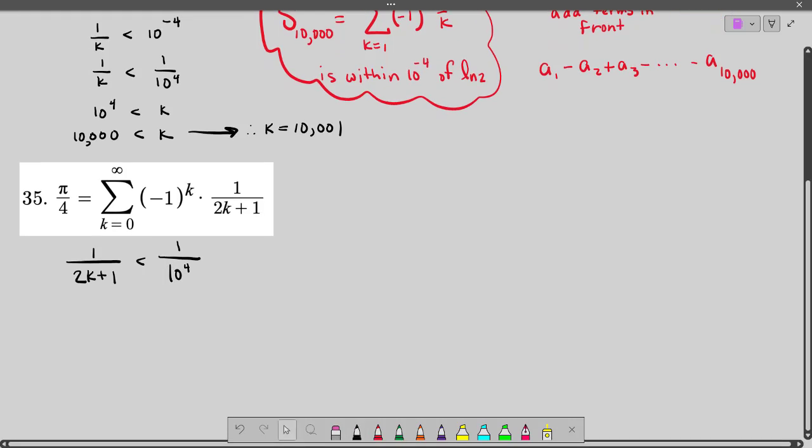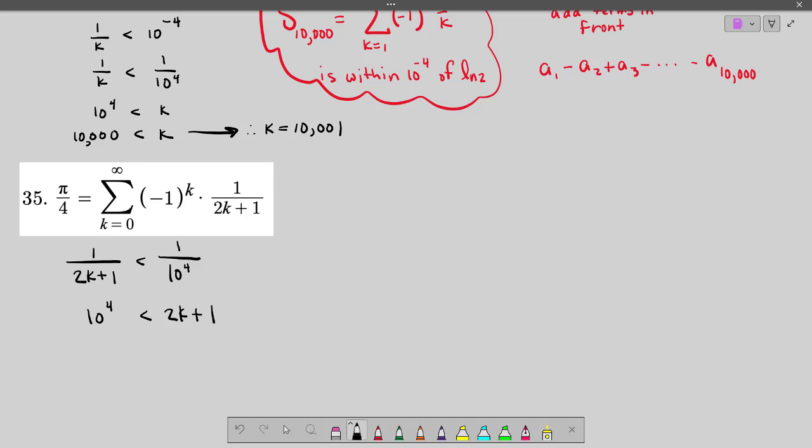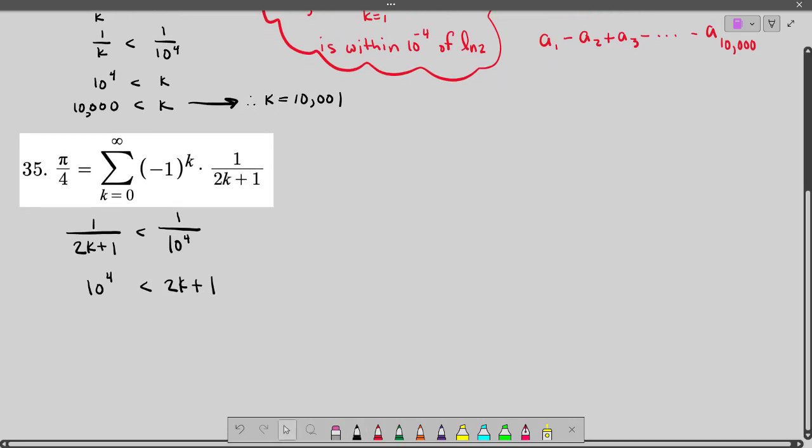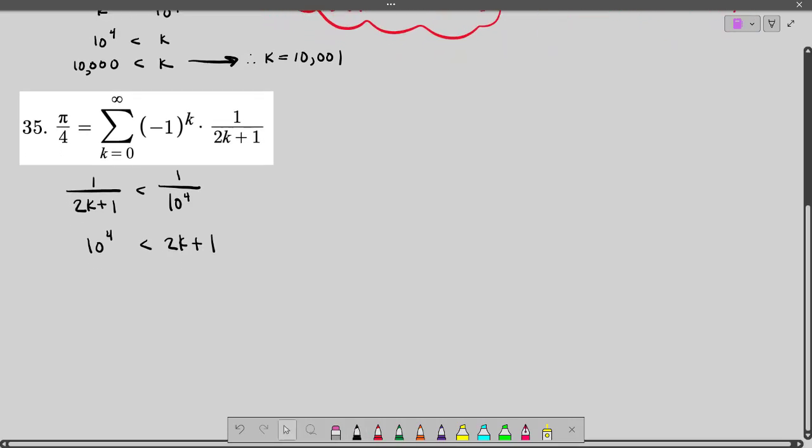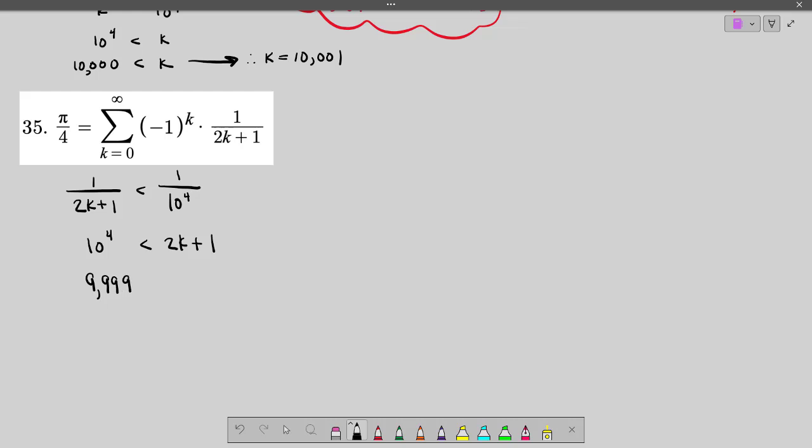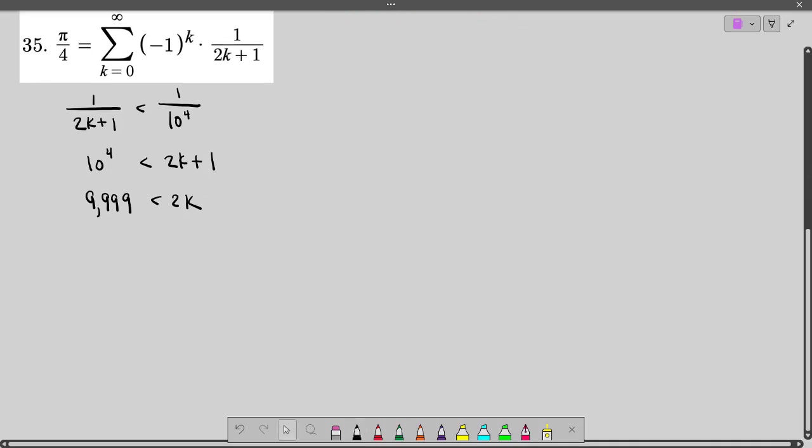We are going to cross multiply. So we'll have 10 to the 4th on the left. We'll have 2k plus 1 on the right. 10 to the 4th is 10,000. And we'll subtract 1, giving us 9,999. It's going to be less than 2k. So then we divide by 2. Remember that k is an integer.